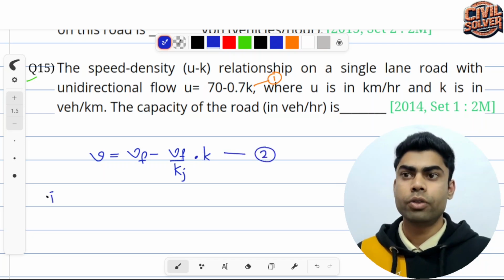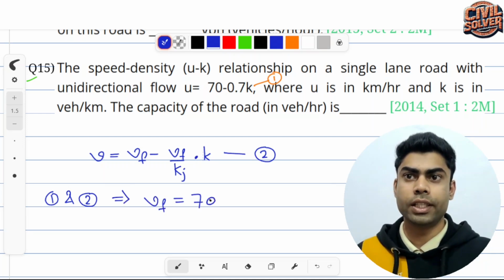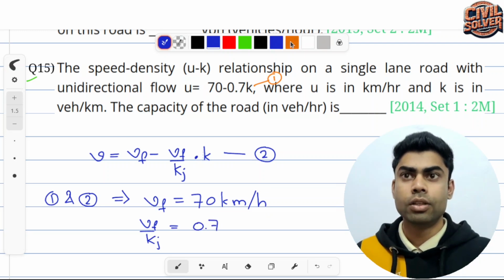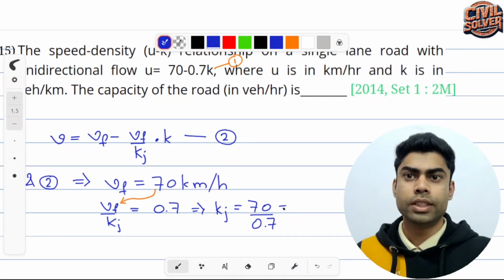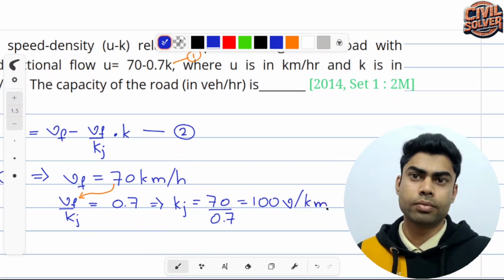By comparing equation 1 and equation 2, we can directly conclude that vf, the free flow speed, is simply 70 km per hour, and the ratio vf by kj is equal to 0.7. Put this value from here to here, we will get kj is equal to 70 upon 0.7, which is simply 100 vehicles per kilometer.